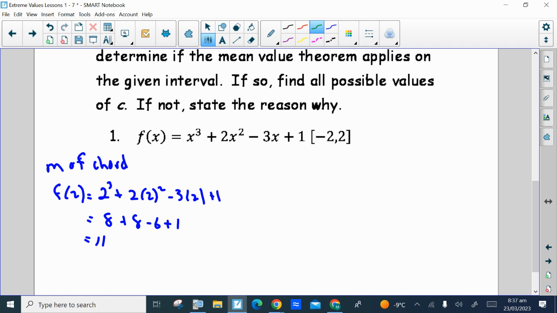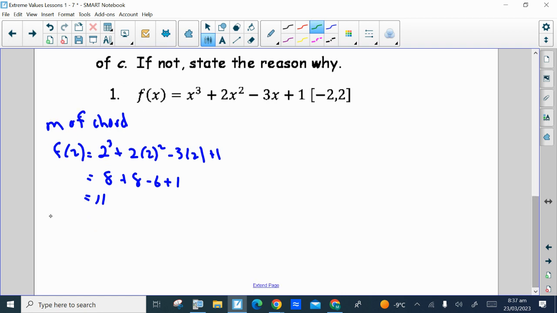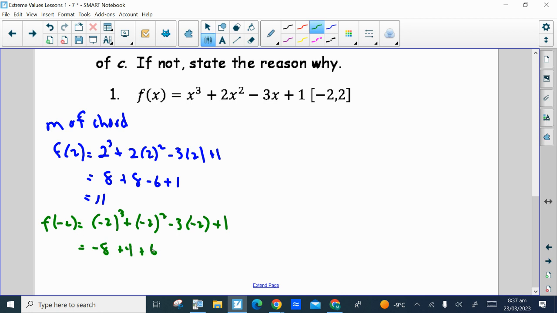Then we need to find f at -2. So it'll be -2 all cubed plus 2 times -2 all squared minus 3 times -2 plus 1, which will be -8 plus 8 plus 6 plus 1.